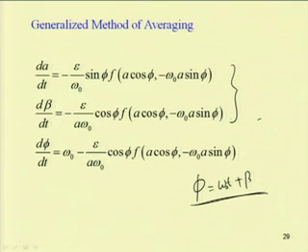By writing d beta by dt, d phi by dt will be equal to omega 0 minus this term: omega 0 minus epsilon by a omega 0 cos phi f(a cos phi, minus omega 0 a sin phi). So, here we did the transform from u to a and phi.